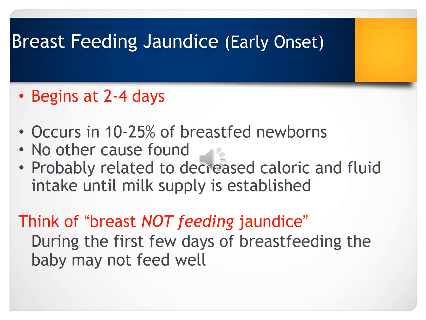Breastfeeding jaundice usually begins around 2 to 4 days of life for the newborn. It occurs when the mother is breastfeeding and when there's no other cause found for the jaundice. So it's not related to breast milk, but rather the newborn is not getting enough breast milk, therefore not having enough stools to excrete the unconjugated bilirubin.